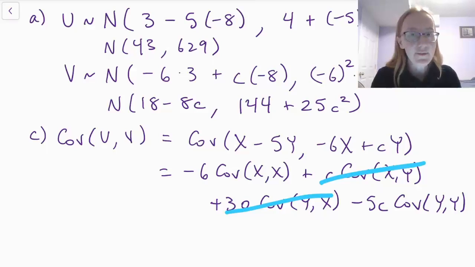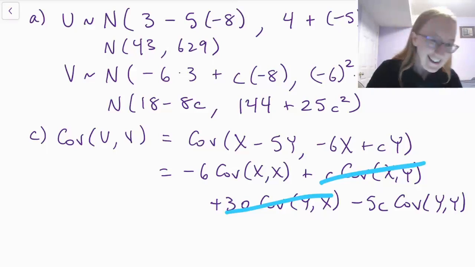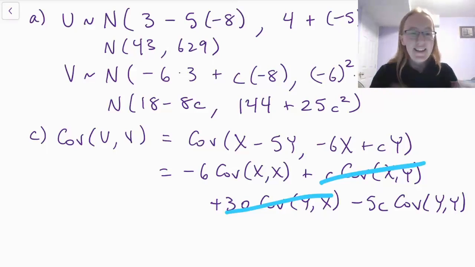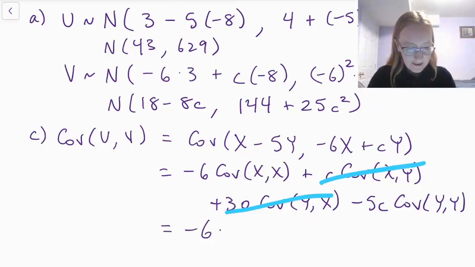And then the other thing to remember is that the covariance of a variable with itself, by definition, is just the variance of that random variable. So really, this is negative 6 times the variance of x, and the variance of x was, I believe, 4.